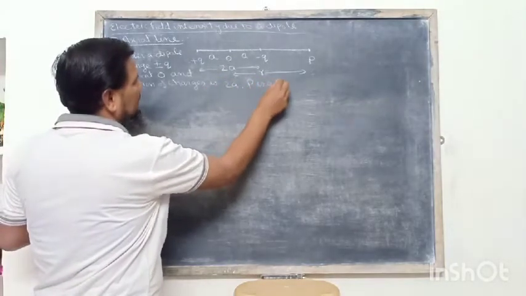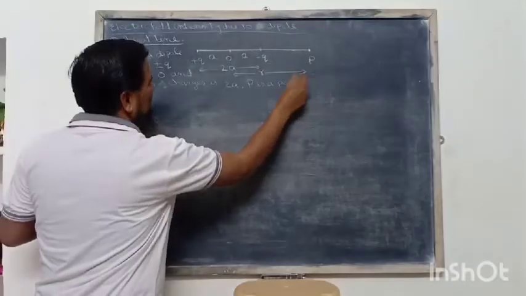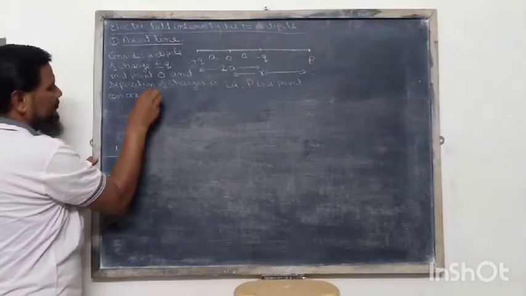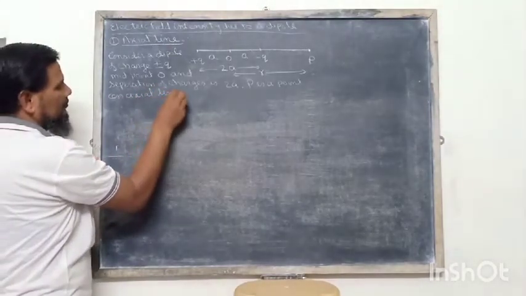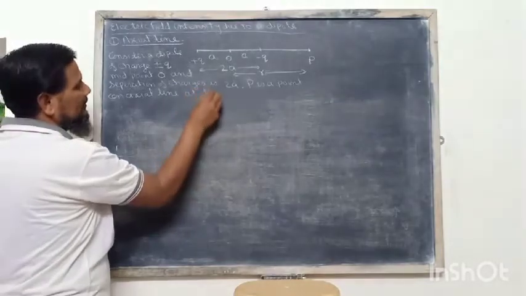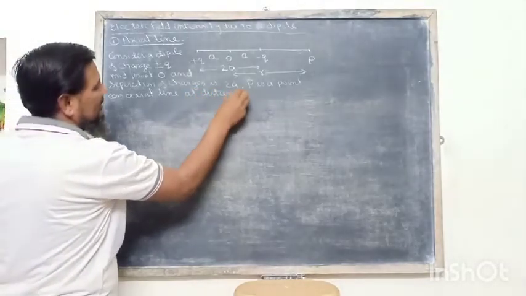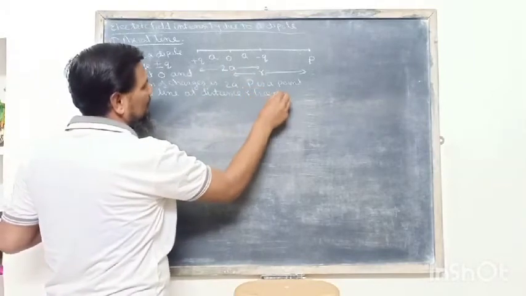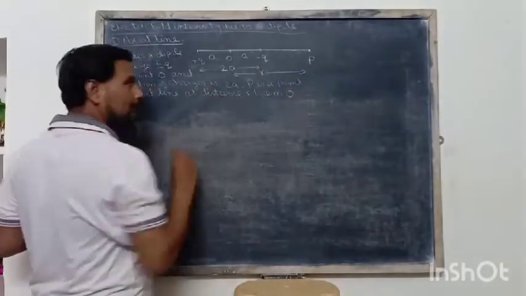P is a point on the axial line at distance r from O.